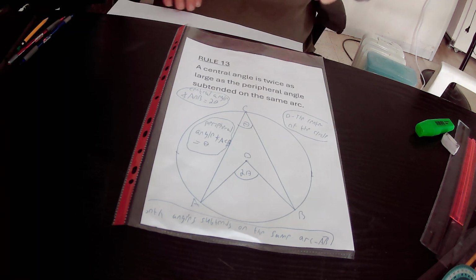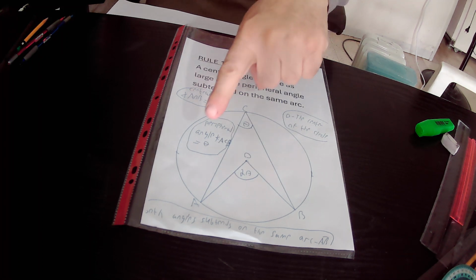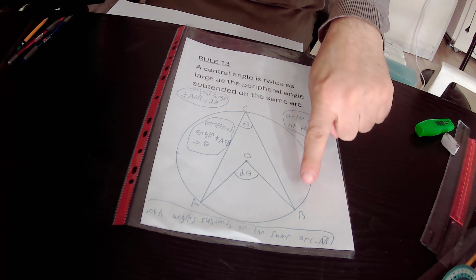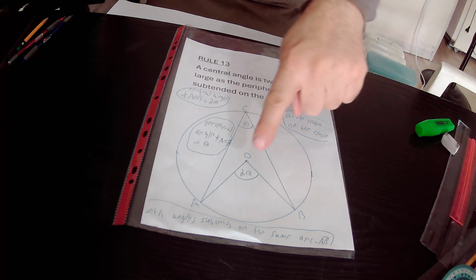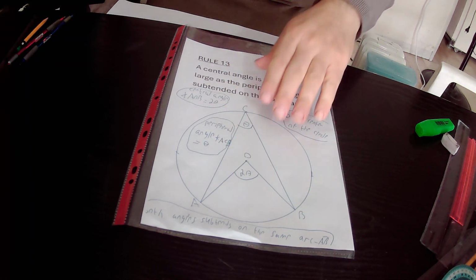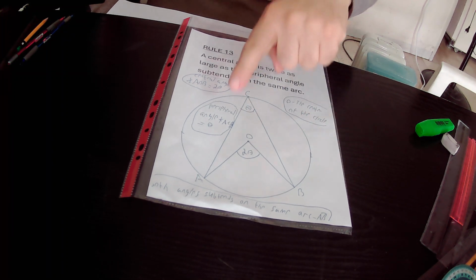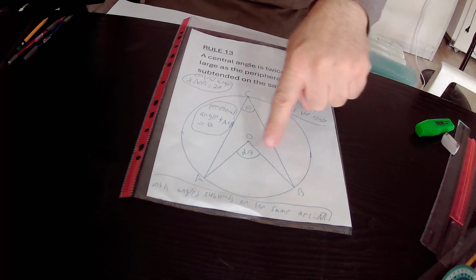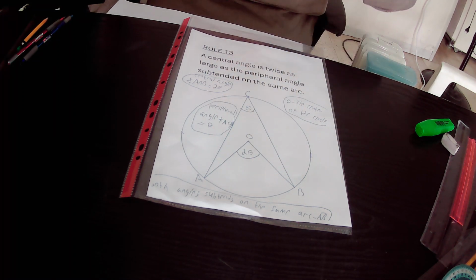So in the drawing, we have a circle. Inside this circle, we have peripheral angle ACB, that is equal to theta degrees in size. This peripheral angle ACB is subtended on this arc AB. In addition, we have here the central angle AOB, which is subtended on the same arc AB.